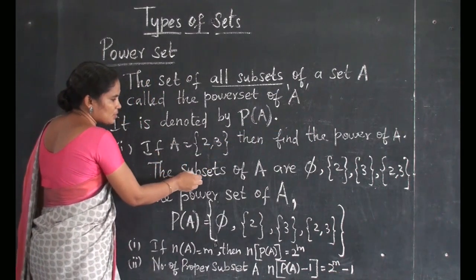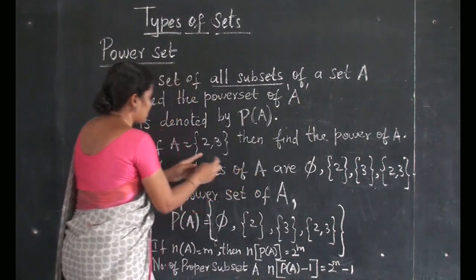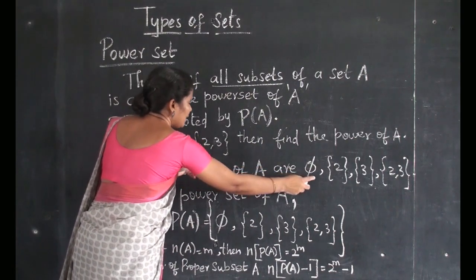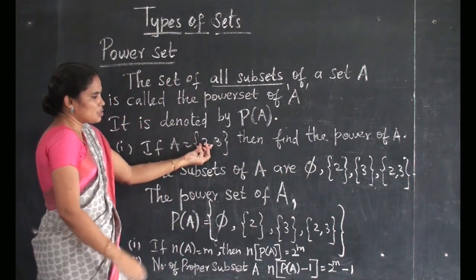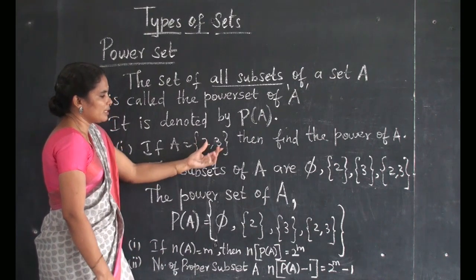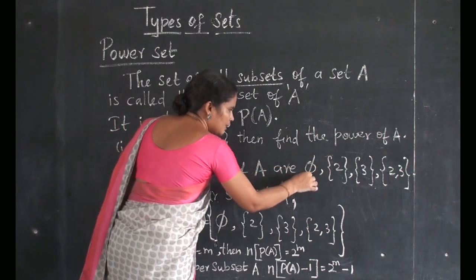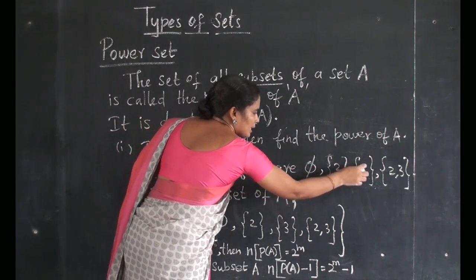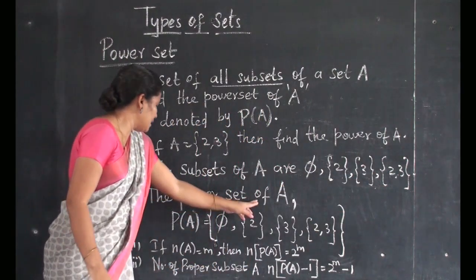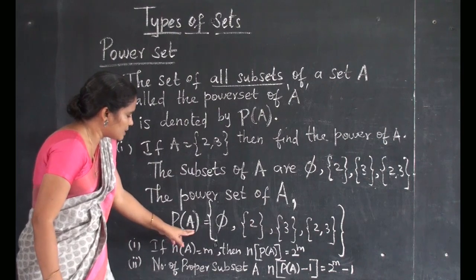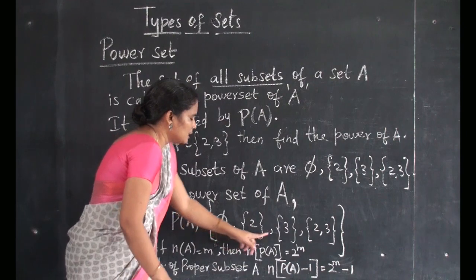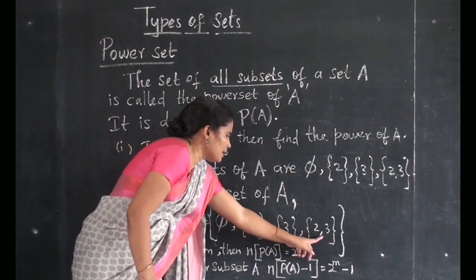First, the subsets of A. First an empty set, then take one element, that is {2}, then {3}, the second element, then {2, 3} together. So the power set is P(A) = {∅, {2}, {3}, {2, 3}}.